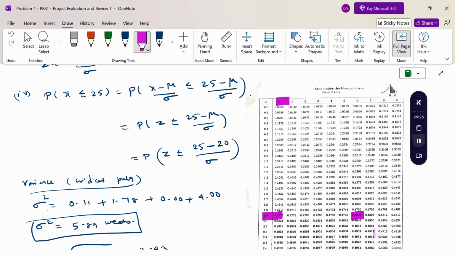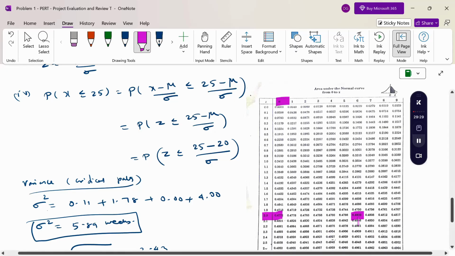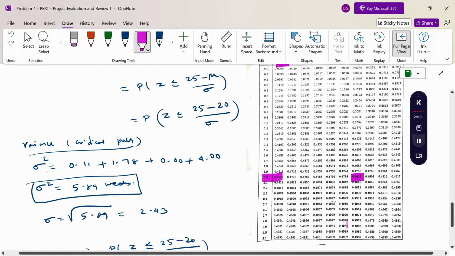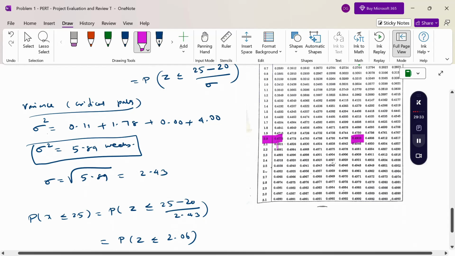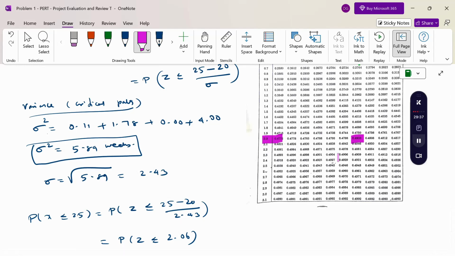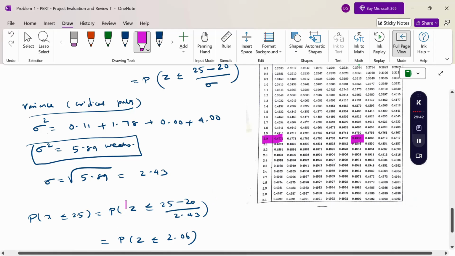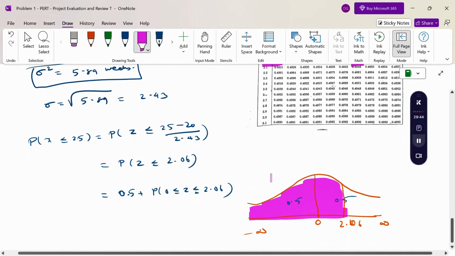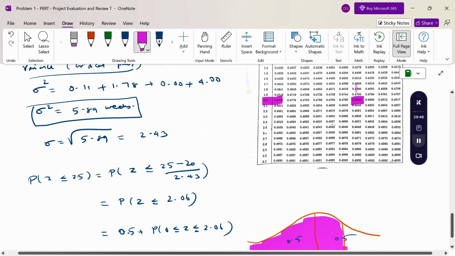The value is 0.4803. We add these two numbers because it is 2.06.